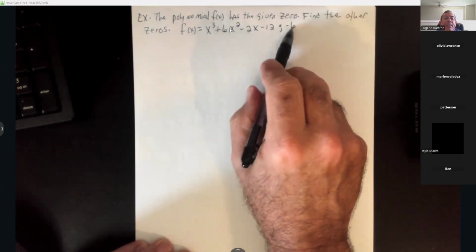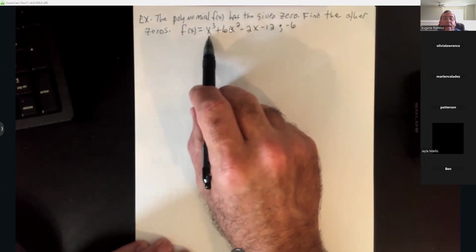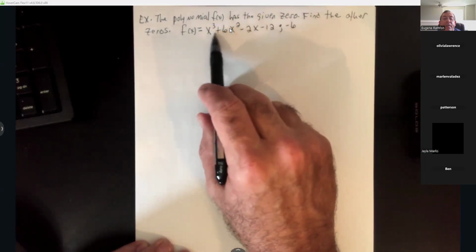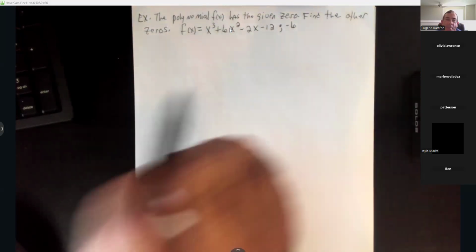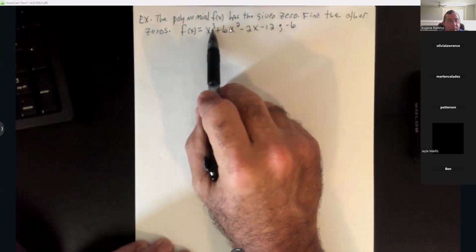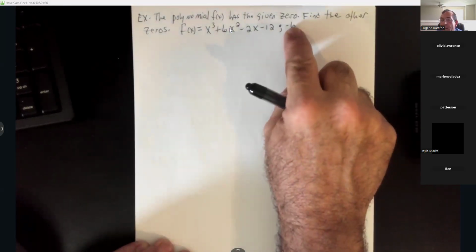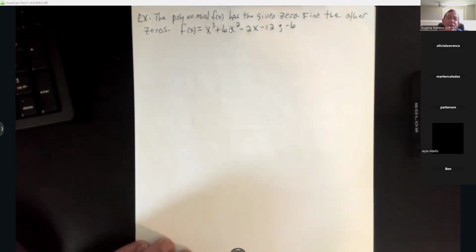So that means negative 6 is the first zero they're giving me. They want me to find all the zeros out of this polynomial. Now, this is the x to the third. That means altogether there's 3 zeros. They're giving me 1, so I got to find the other 2, okay?